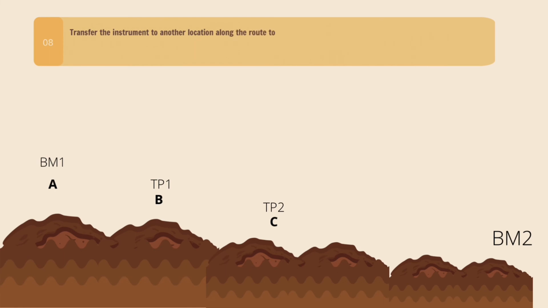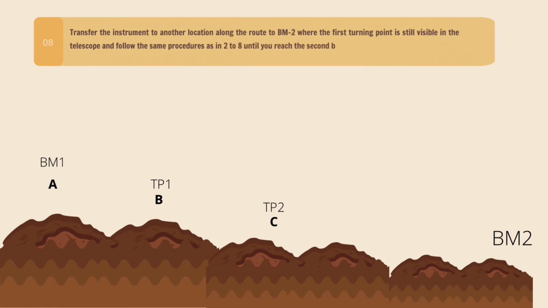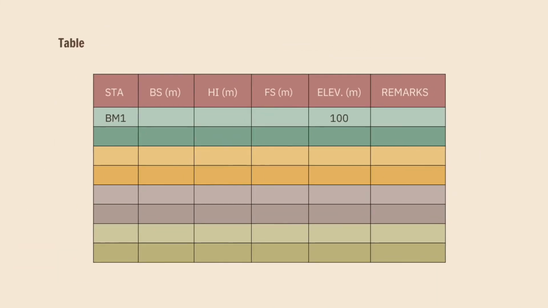Transfer the instrument to another location along the route to BM2 where the first turning point is still visible in the telescope, and follow the same procedures as in 2 to 8 until you reach the second benchmark. Step 9. Tabulate the data in Table 4.2, Differential Leveling with Turning Points.